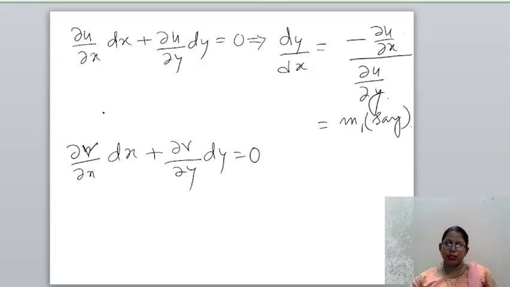To differentiate v, we differentiate v partially with respect to x, then dx, plus partial differentiation of v with respect to y, dy.